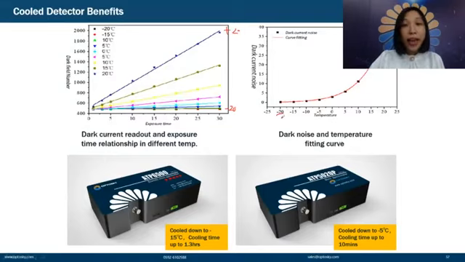So that's why cooling to minus 20 can reduce the dark current and reduce the noise. And Optosky ATP 6500 can cool down to minus 15 degrees, and cooling time is up to 1.3 hours. And for ATP 5020, we can cool down to minus 5, and the cooling time is up to 10 minutes.